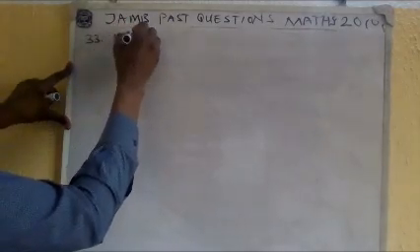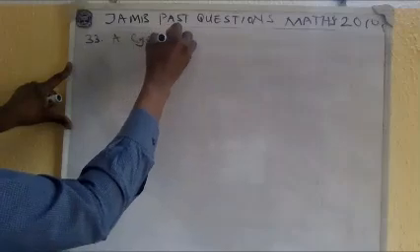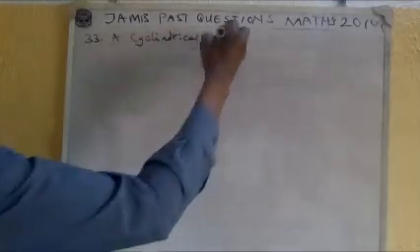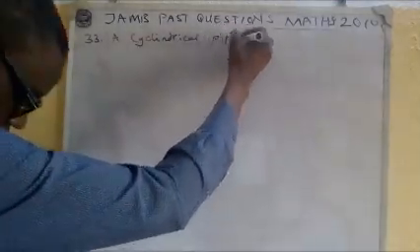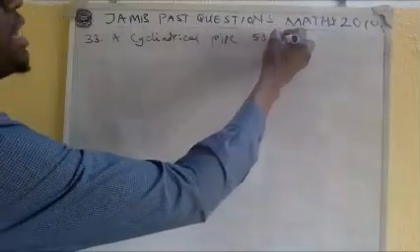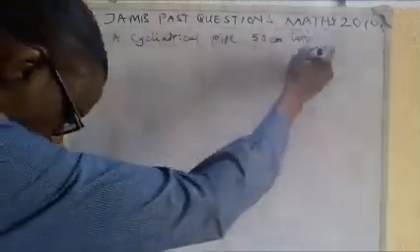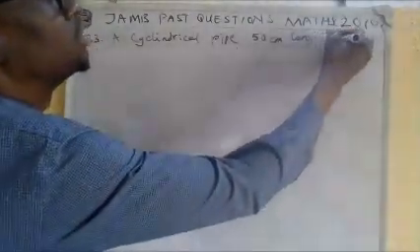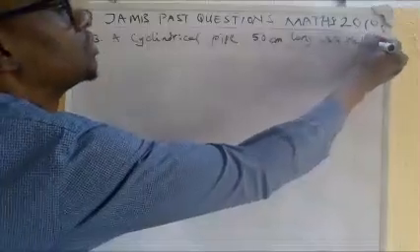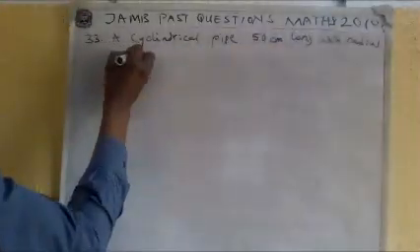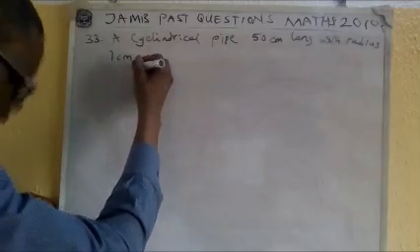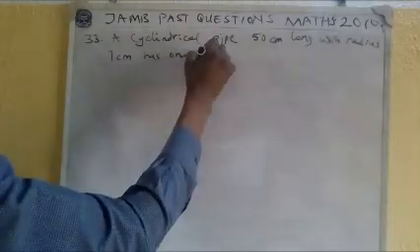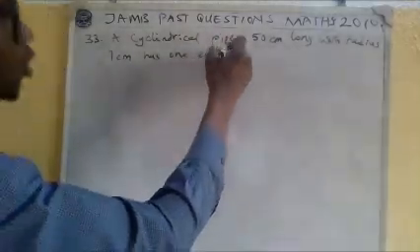Okay, a cylindrical pipe 50 cm long with radius 7 cm has one end open.